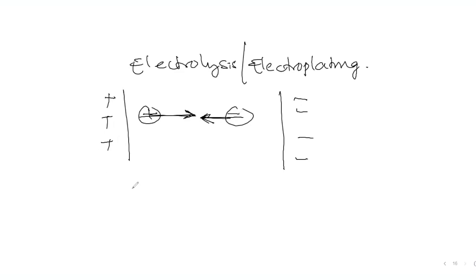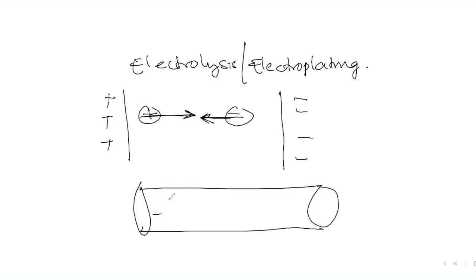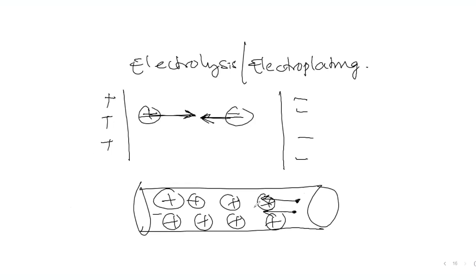But in the case of a metal, positive ions are fixed. Only electrons are moving. That is, the charge flows only because of the motion of electrons. If this is given positive charge and this is given negative charge, the electron moves from negative charge to positive charge. Positive charge moves from positive charge to negative charge.